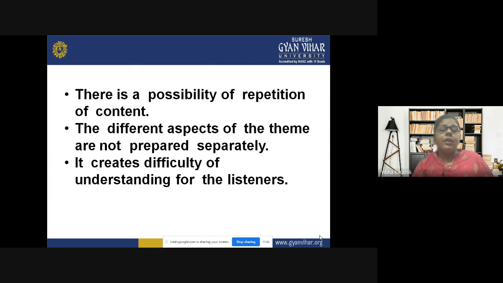It sometimes creates difficulty for the listeners to understand that particular concept in a better and more effective way, because there is overlapping of subjects and repetition of content. Because of these problems, it is difficult for the listeners to understand the topic in a better manner.